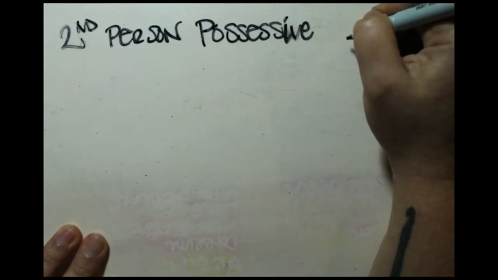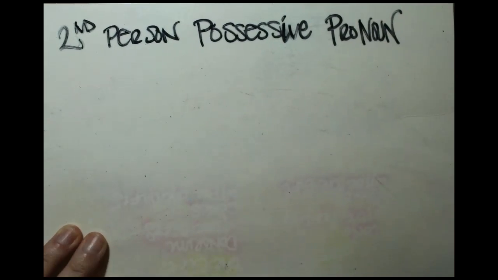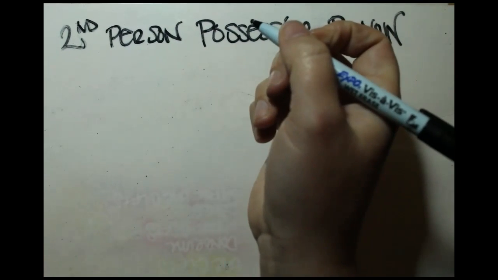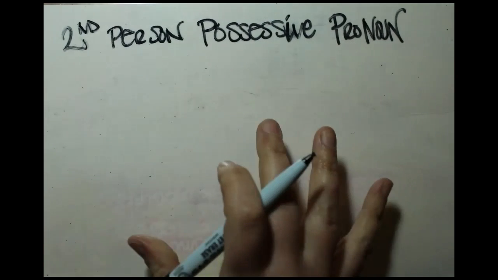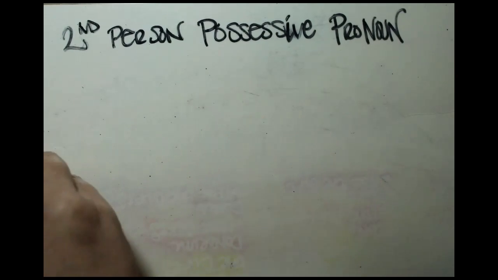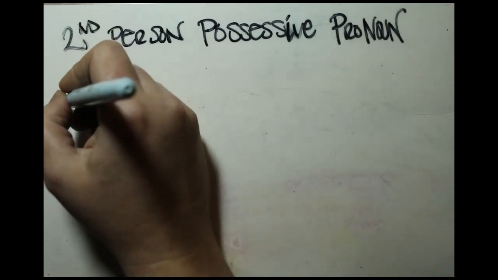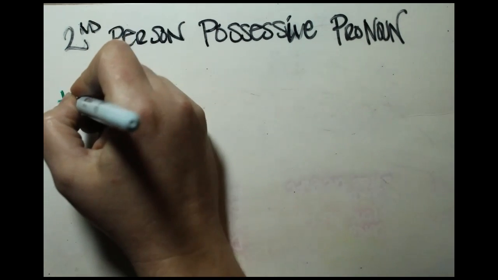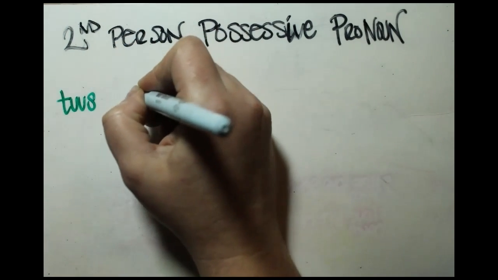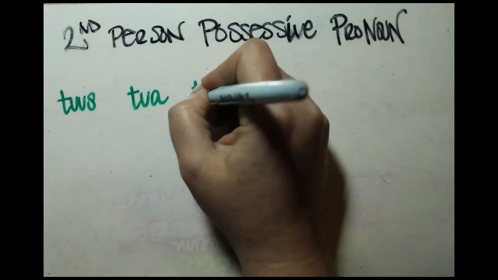We've had the first person possessive pronoun. Now we're having the second person possessive pronoun. Just like first person, it has a masculine, feminine, and neuter, a singular, and a plural. So let's put it on here. So there's tuus, which is the masculine singular, tua, feminine singular, and neuter, tuum.